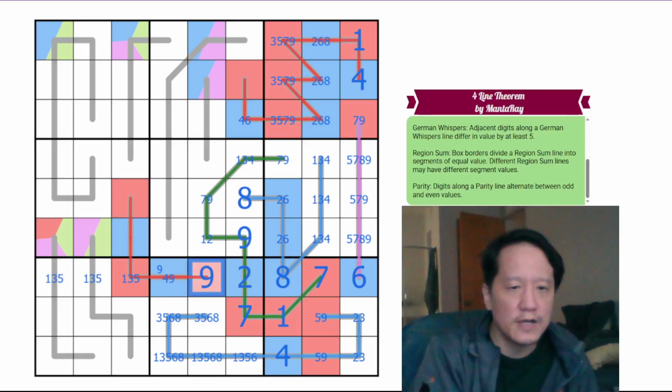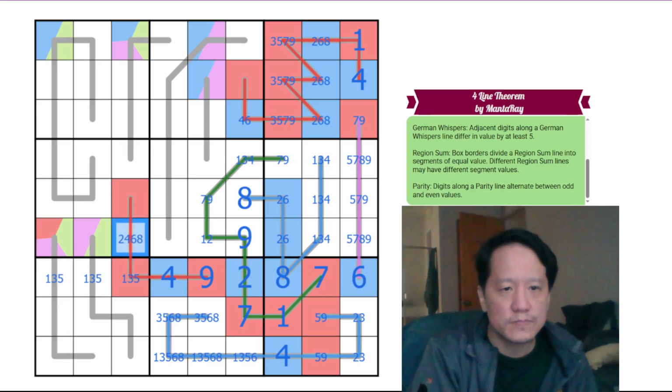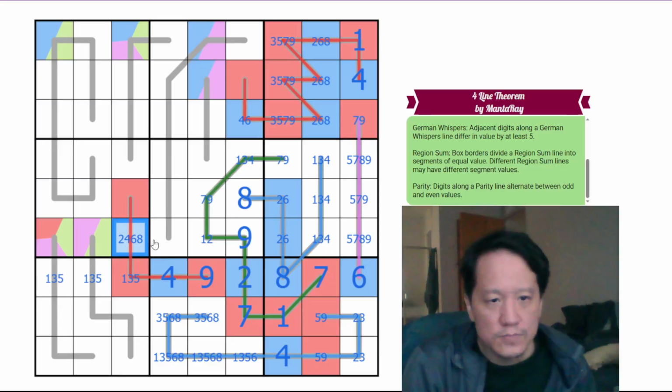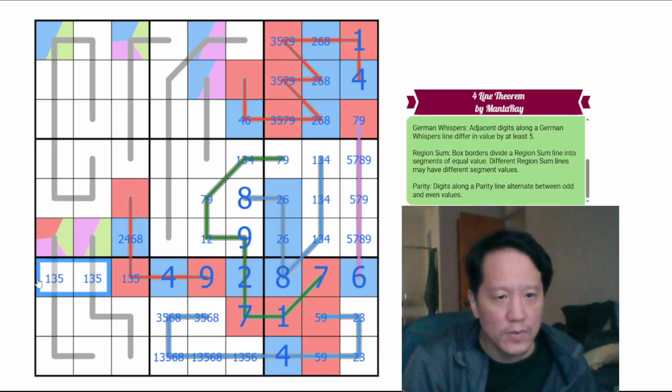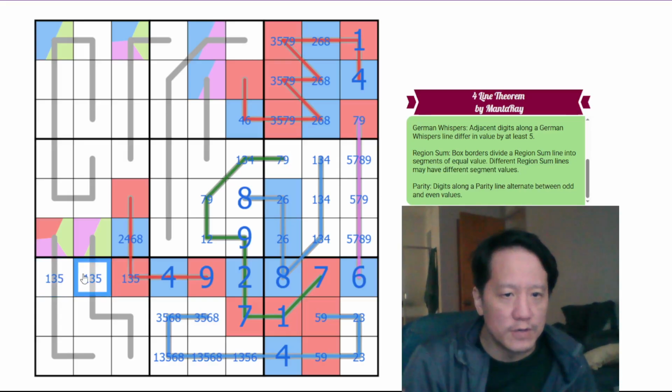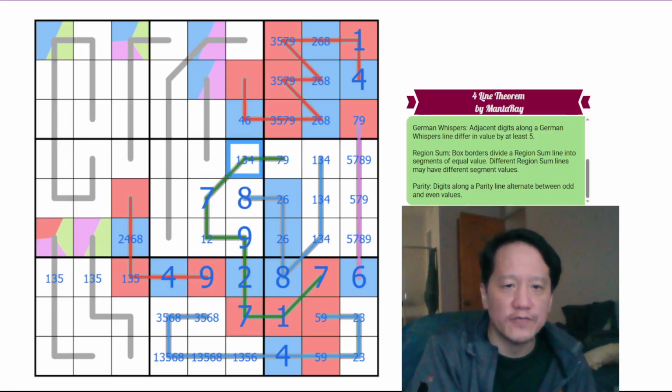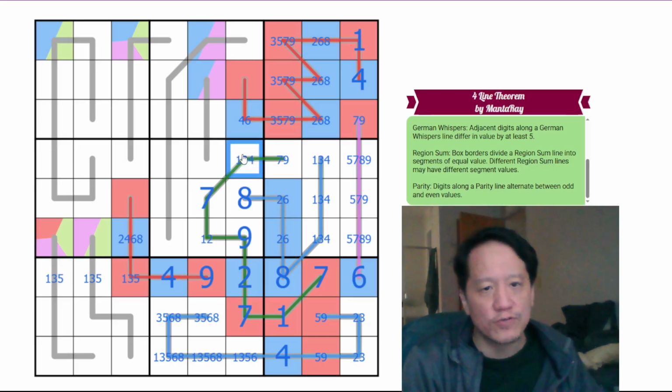So we have a 9 here, 4 here. This is 2, 4, 6, or 8. One of these could be parity still. Okay. This is 9, which eliminates 9 here, so it's 7. So this cannot be 3 or 4.